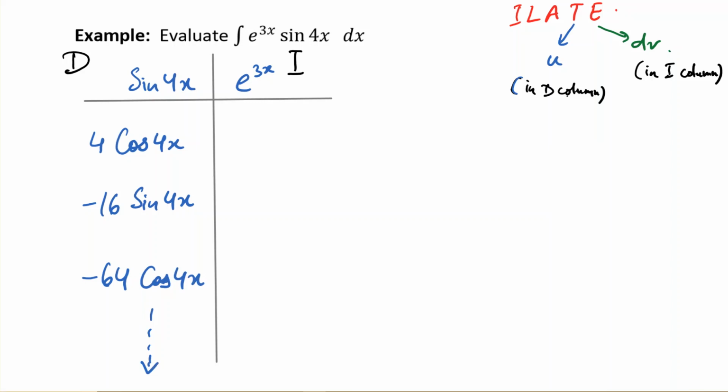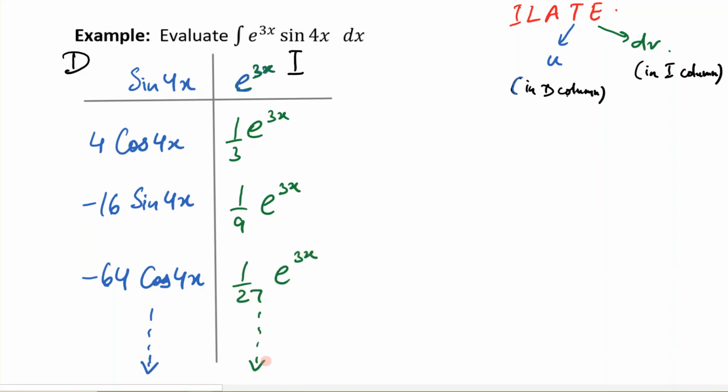So it's never going to be 0. Similarly, in the other column, we're going to take our integrals. The integral of e raised to power 3x is e raised to power 3x divided by 3, so 1/3. And then in the next step again, 1 over 9 e raised to power 3x, 1 over 27 e raised to power 3x, and you can keep going.